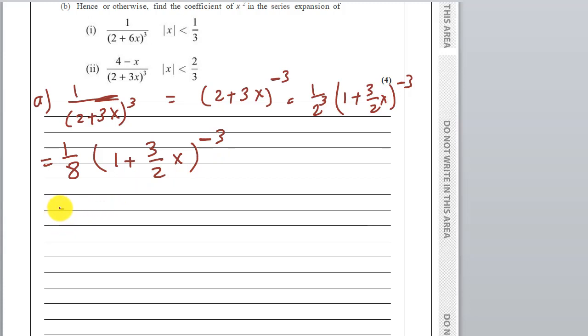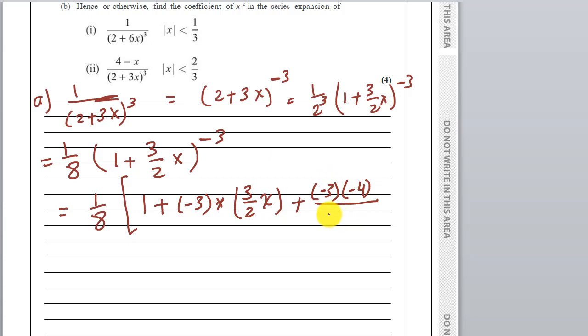Using the binomial expansion, it's equal to 1 over 8, open the bracket, 1 plus n, which is minus 3, multiplied by x, which is 3 over 2 x, plus n, which is minus 3, multiplied by n minus 1, which is minus 4, divided by 2 factorial, multiplied by (3 over 2 x) power 2.